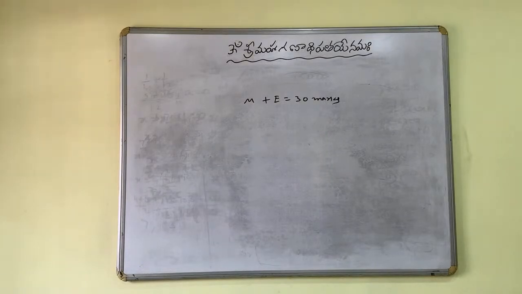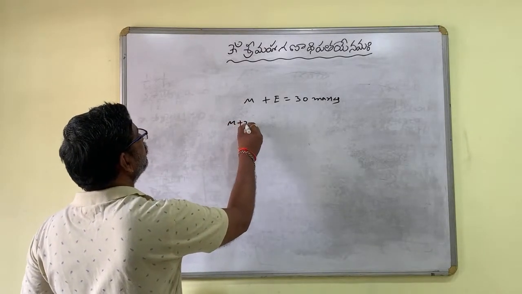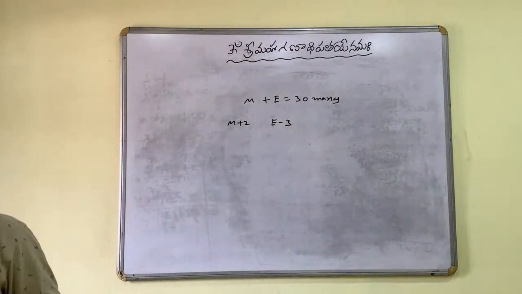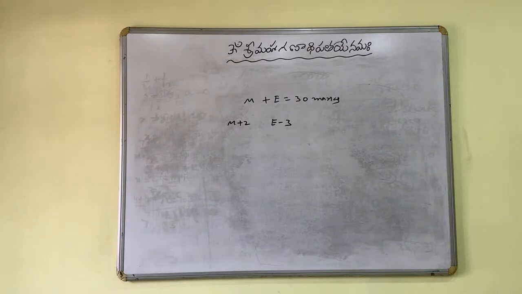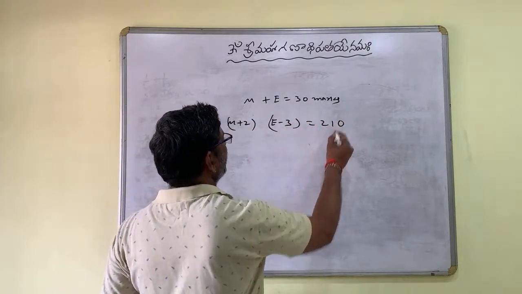Had she got 2 more in math and 3 marks less in English, then the product of the marks would be 210.